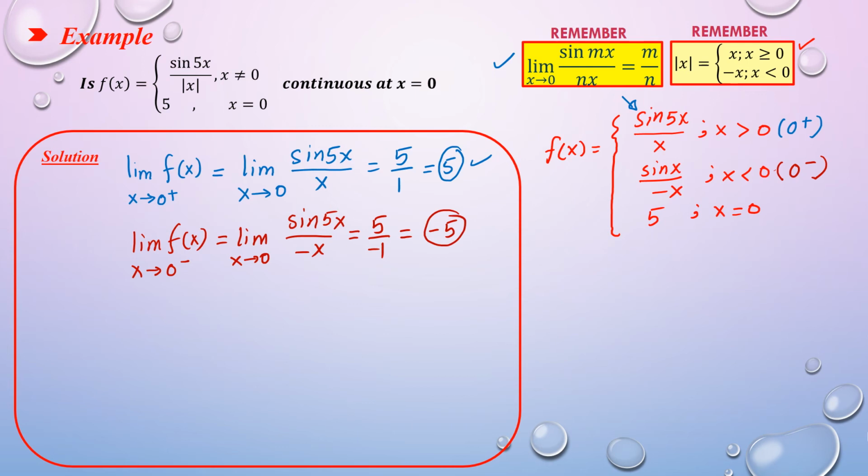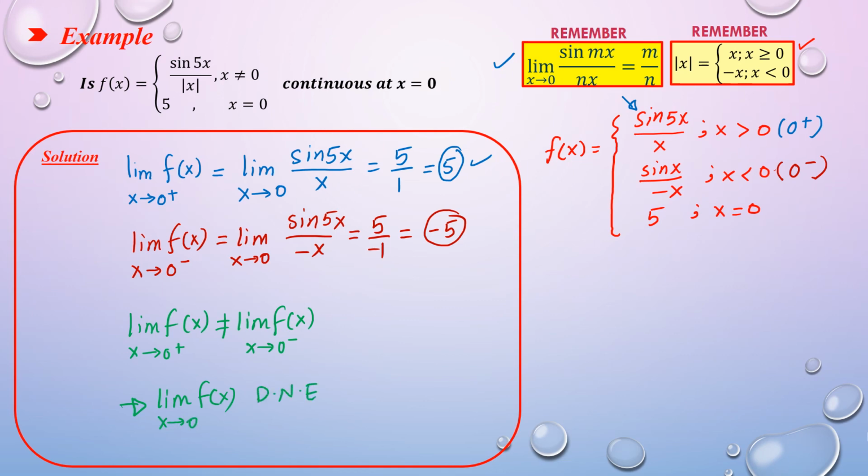So the limit from right of 0 and from left of 0 are different. So limit f of x when x goes to 0 from right not equals limit f of x when x goes to 0 from left. And this means that limit f of x when x goes to 0 does not exist.